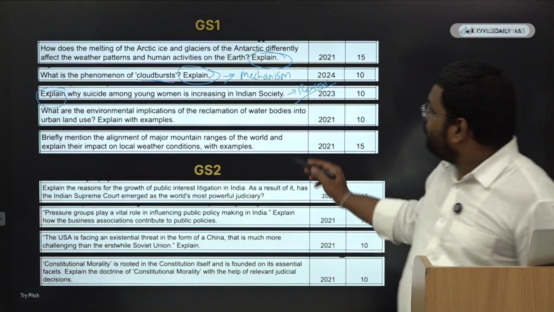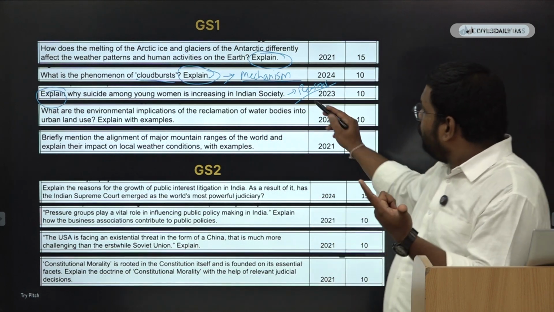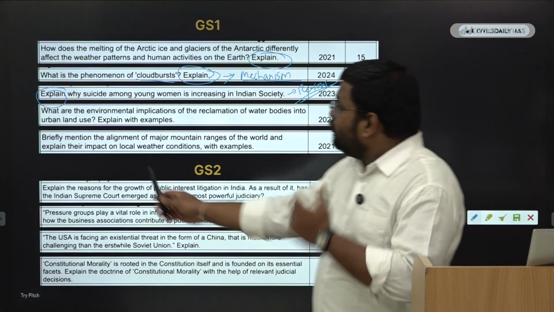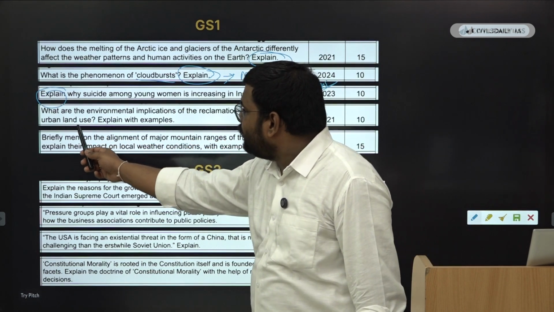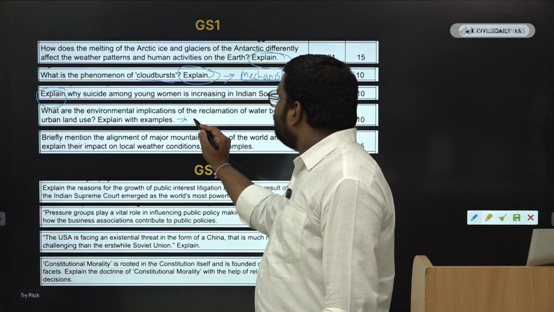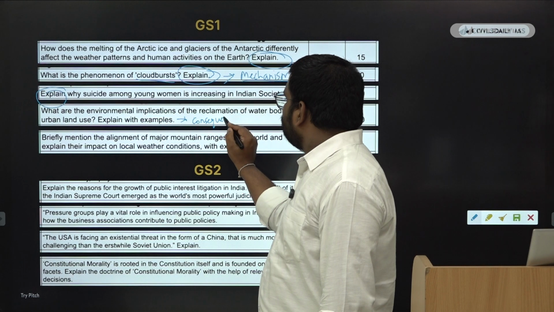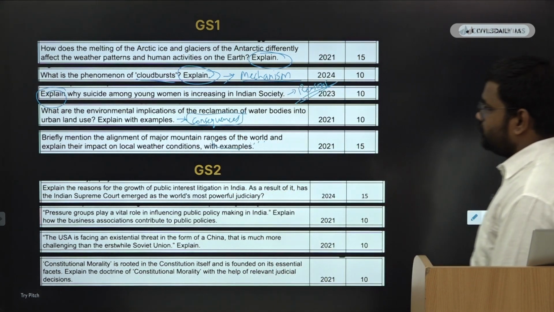But when they ask you to explain, they will either ask you the mechanism of it or the reasons behind it. Then, what are the environmental implications of conversion of water bodies into urban land use? Again, they are asking you the implications, that is, consequences. Explanation of those consequences.